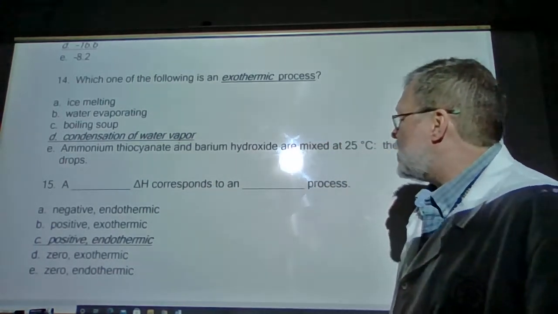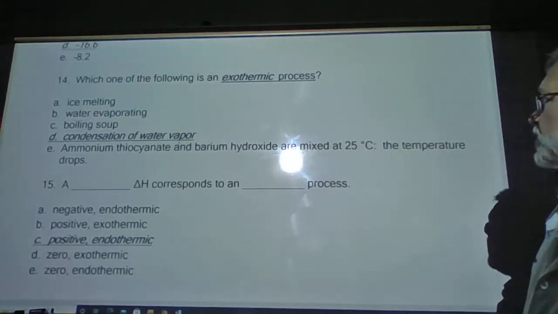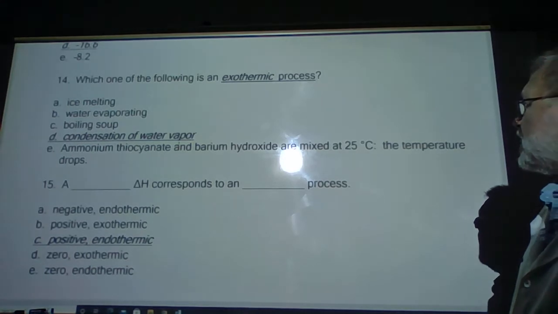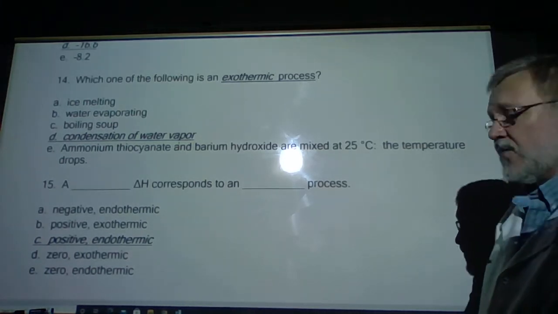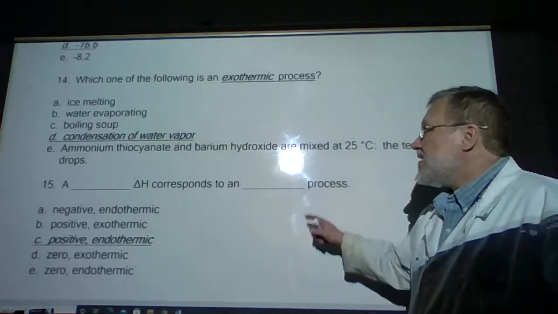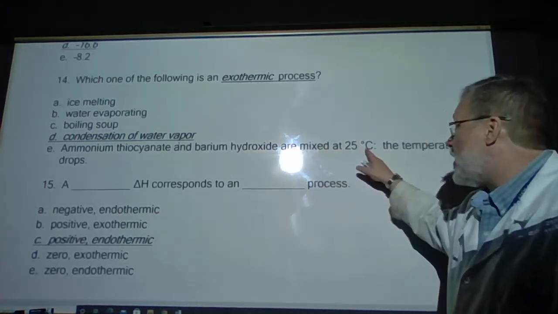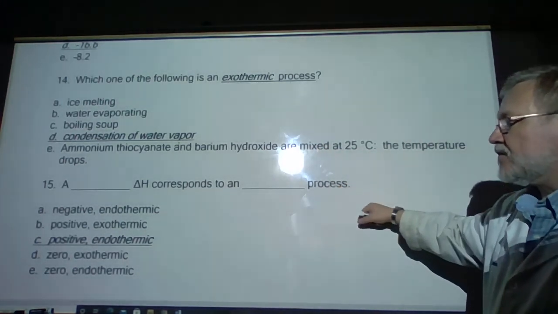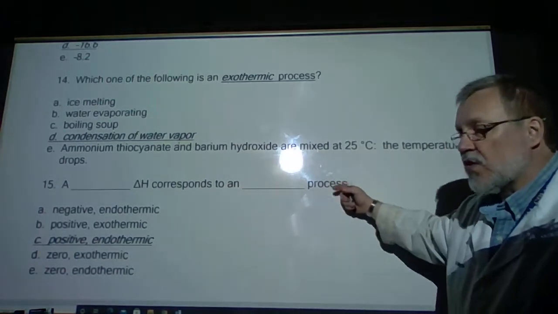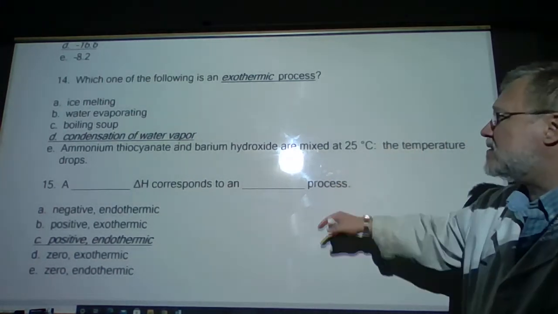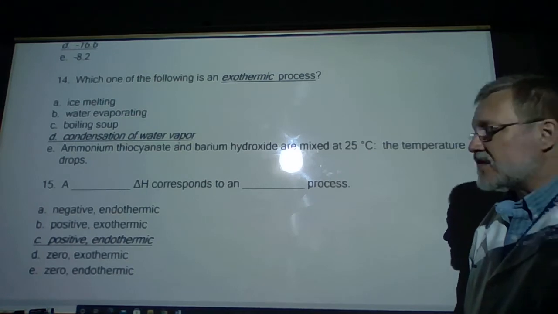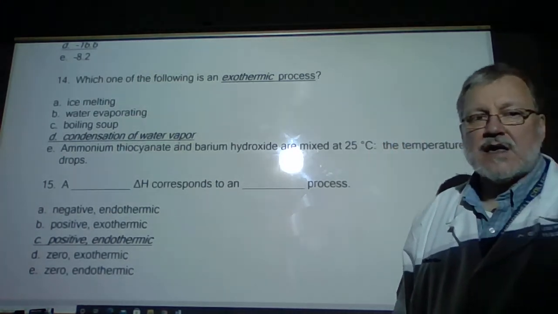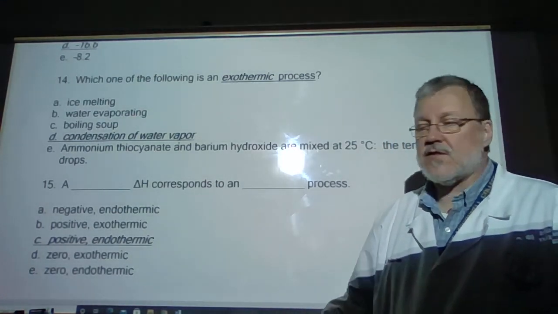Ammonium thiocyanate and barium hydroxide are mixed, and at 25 degrees C, the temperature drops. This is an endothermic process. Why? Because the temperature decreases. Therefore, to restabilize this, energy has to be added. Exothermic, heat is lost, given off.